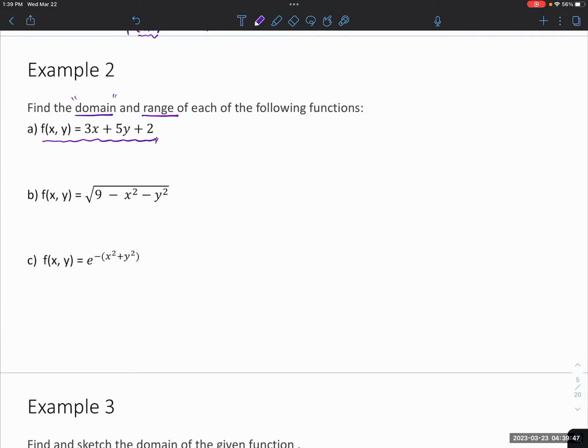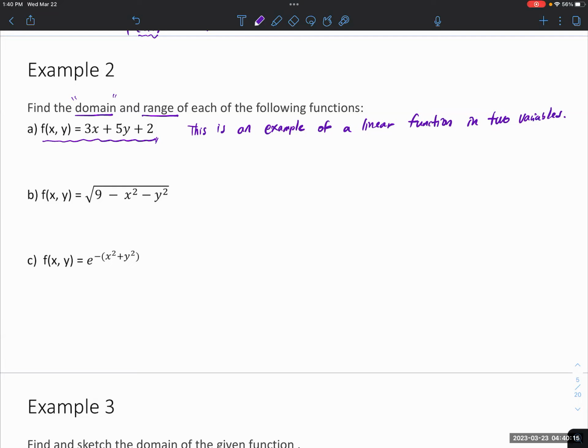So we're going to go step by step. We know this is a linear form. This is a linear function in 2 variables because I don't see any second power or third power. This is just linear in 2 variables, okay?